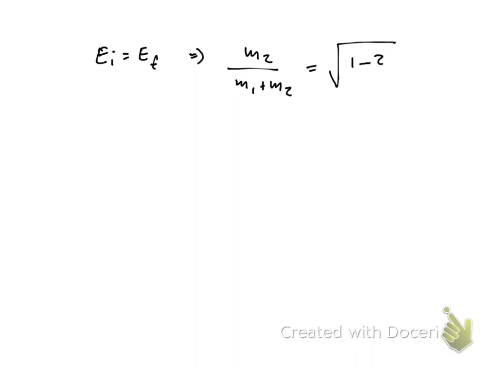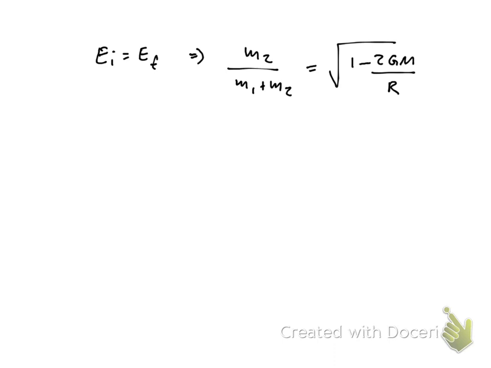If we equate those two things, that implies that M2 divided by (M1 plus M2) equals the square root of 1 minus 2GM over capital R. That just came from equating those two. And this is the best that we can do.